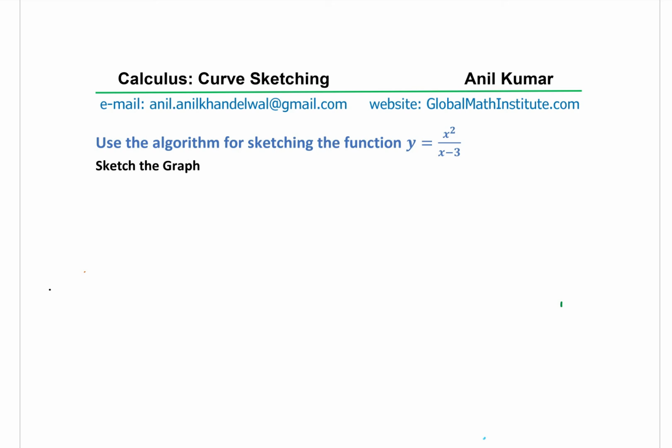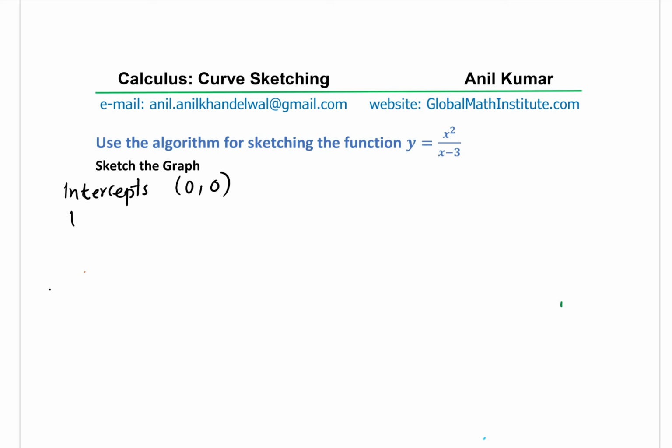So now we are going to summarize all what we have learned, and then we'll sketch the graph. So let's begin by mentioning the characteristics, which are the x and y intercepts. As far as intercepts were concerned, we got 0, 0, so it passes through the origin.